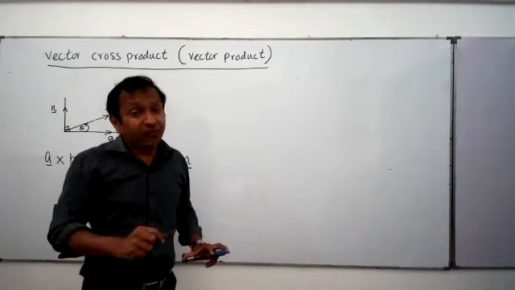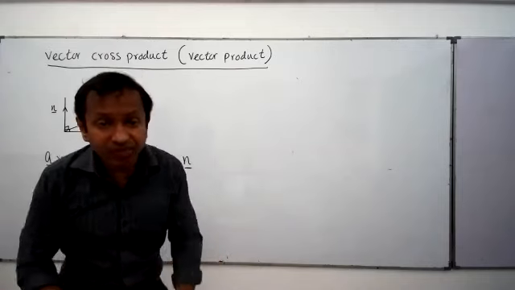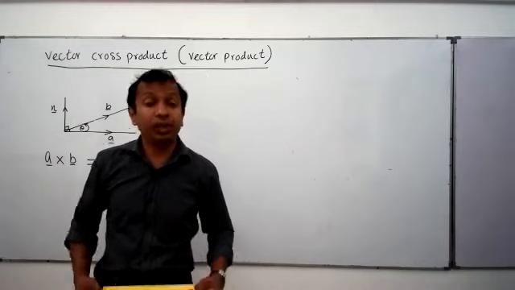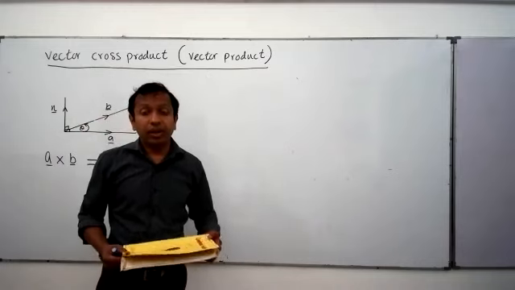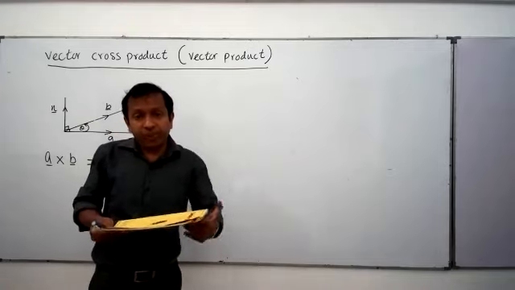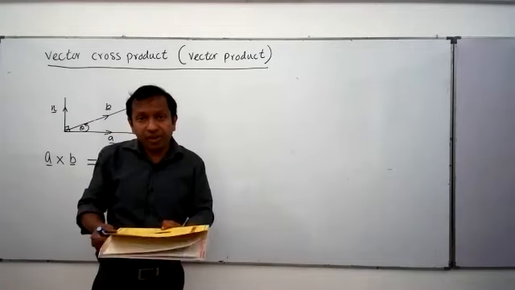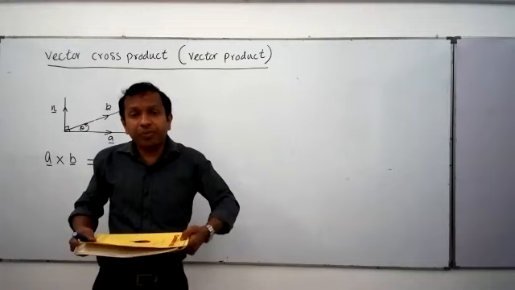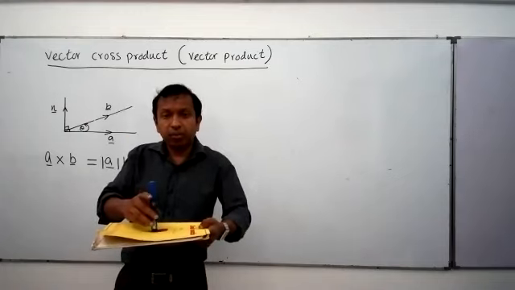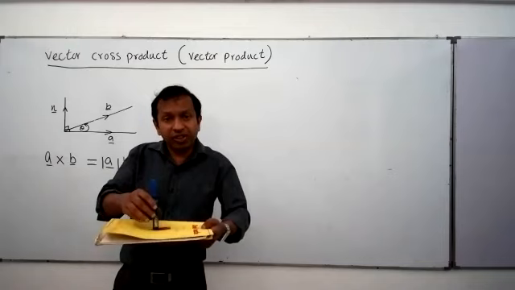And people, when we consider perpendicular, you can very clearly understand with this book. When I keep it parallel to the ground, I can keep this pen on this book. Then this pen is perpendicular.